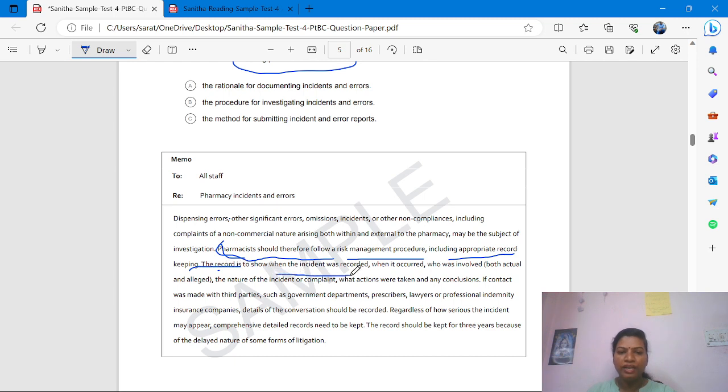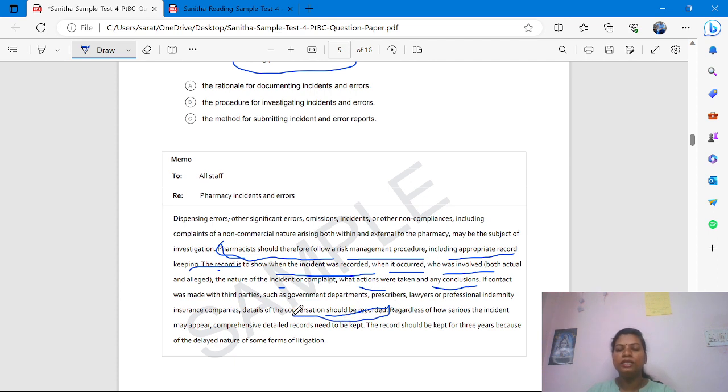The record is to show when the incident was recorded, when it occurred, who was involved, the nature of the incident or complaint, what actions were taken and any conclusion. If contact was made with third parties such as government departments, prescribers, lawyers or professional indemnity insurance companies, details of the conversation should be recorded.